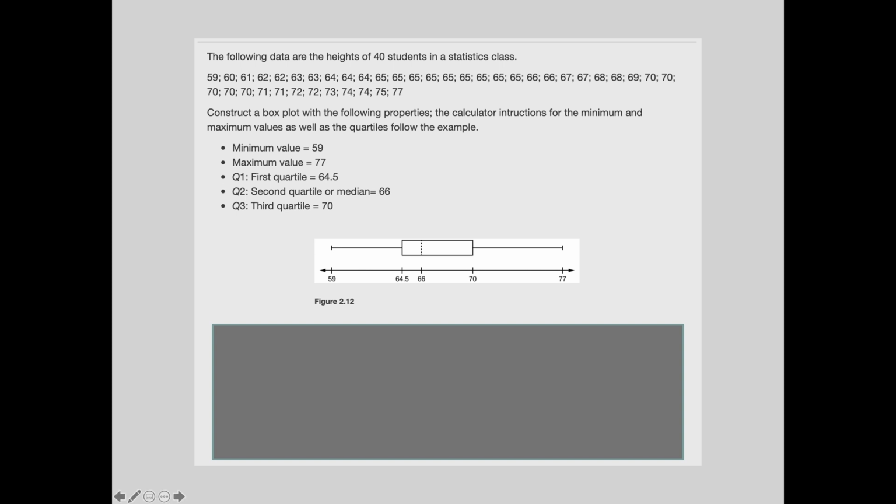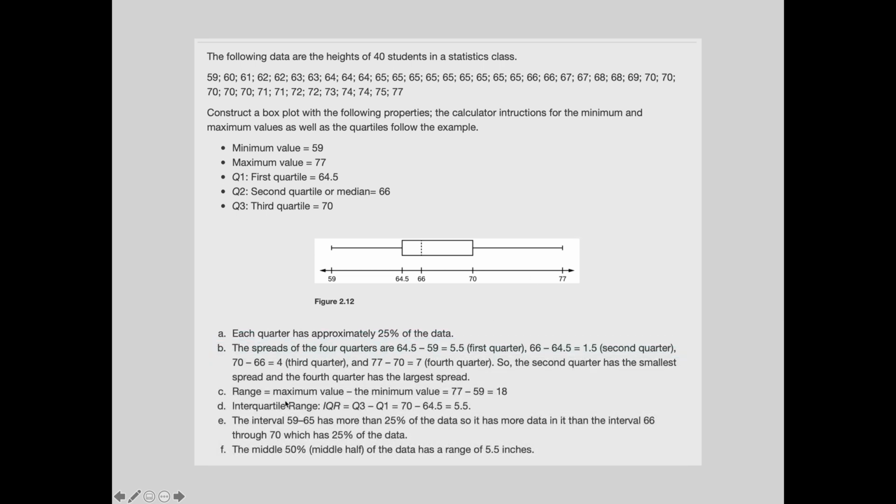So, what are some of the conclusions that you can make based on this box plot? Well, each quarter has approximately 25% of the data. So from 59 to 64.5, there's about 25% of the data. That covers a pretty big spread there, especially when you compare it to the 25% of the data that's between 64.5 and 66.